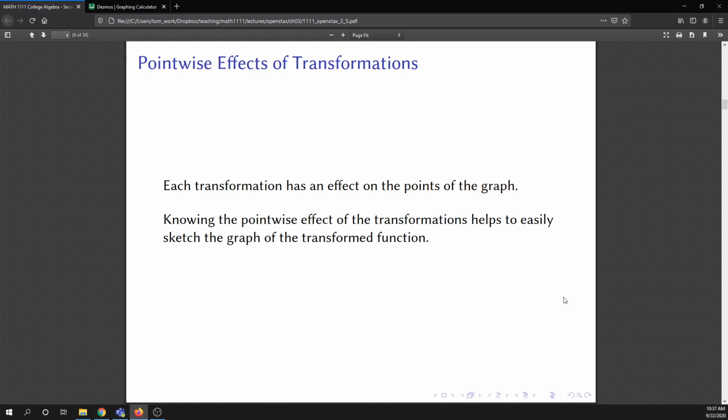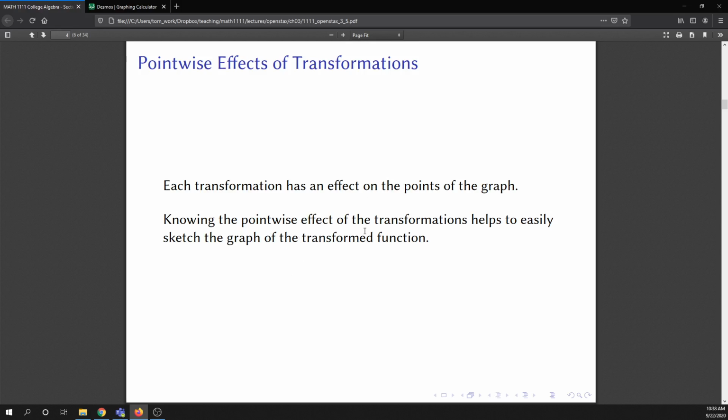What I like to focus on, and what I think is the easiest thing to focus on when you're trying to understand how to work these problems, is the pointwise effect of the transformation. Each one of those 6 transformations has an effect on the points of the graph. It's going to move those points around when you apply those transformations.